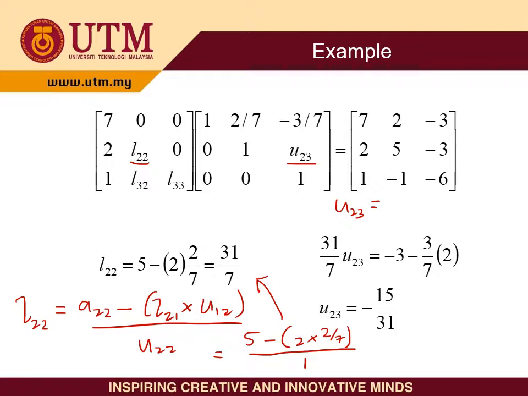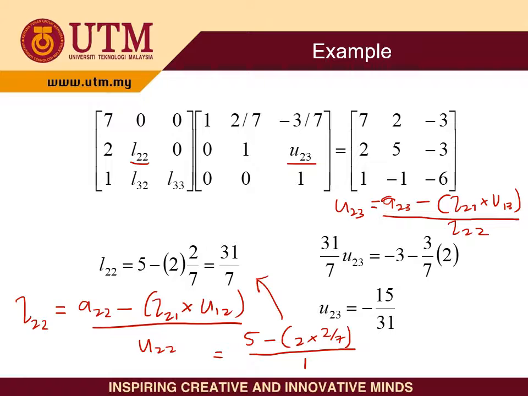The equation, if you look at the matrix factorization equation, will be A23 minus L21 U13, and then you need to divide it by L22.